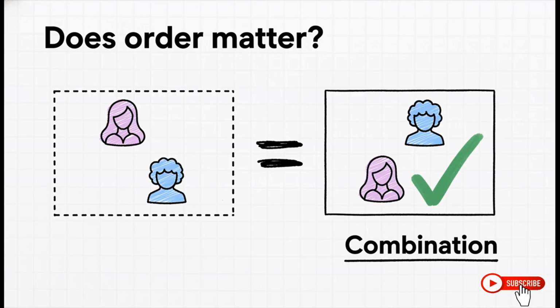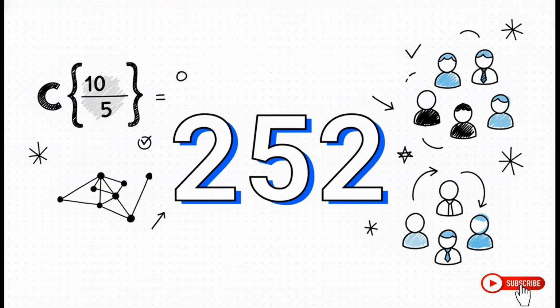No, of course not. They're both on the committee either way. The order is totally irrelevant, which immediately tells us, ding, ding, ding, we're dealing with a combination. When you plug the numbers into our combination formula, 10 choose 5, you find out there are 252 different possible committees you could form. That's way more than you might guess, right?